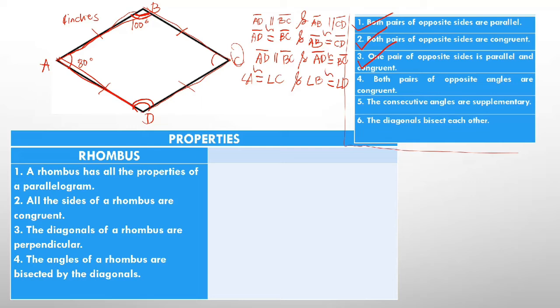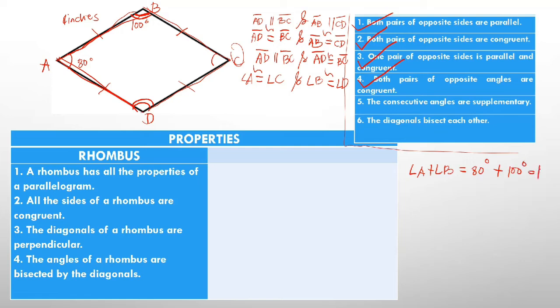Now let's have number 5. So the consecutive angles are supplementary. It should be equal to 180 degrees. So let's have angle A plus angle B must be 180 degrees. So angle A is equal to 80 degrees plus angle B, which is 100 degrees. It is equal to 180 degrees. Okay?